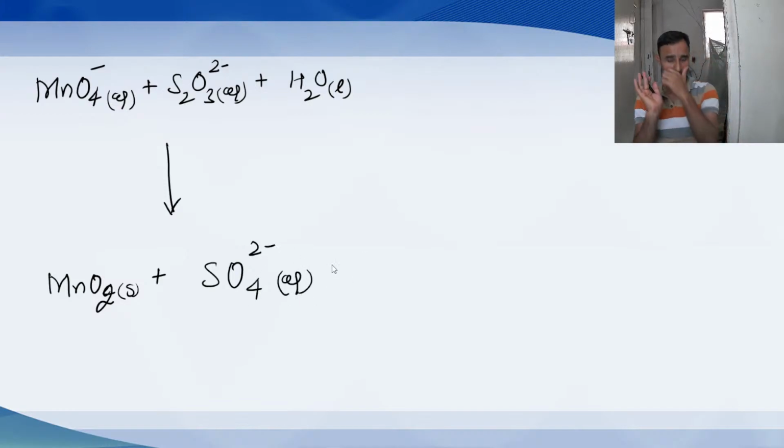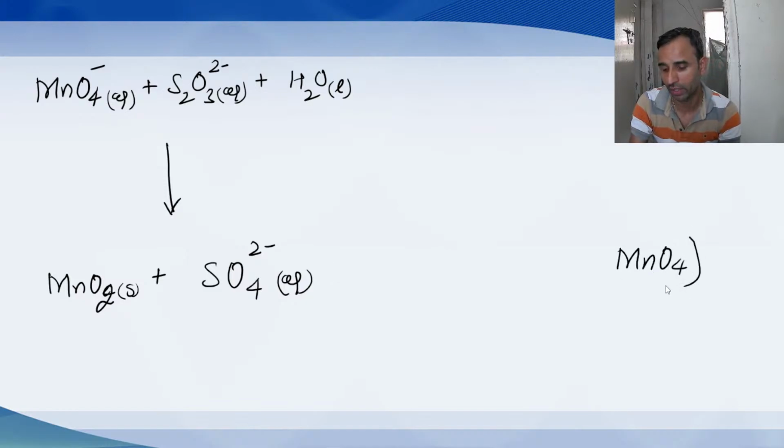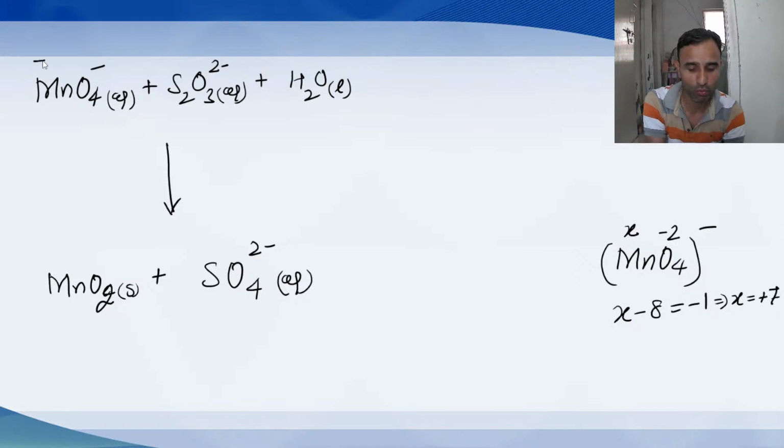Now, what is the oxidation number of manganese in MnO4-? How do we calculate? Take manganese as X, oxygen as minus 2. So X minus 8 equals minus 1. That implies X equals plus 7. So in MnO4-, manganese is plus 7.